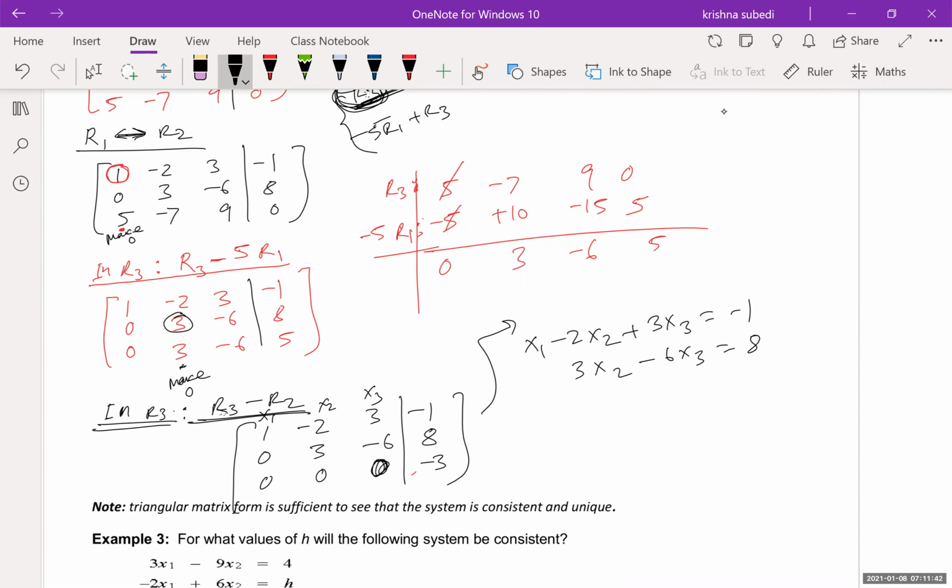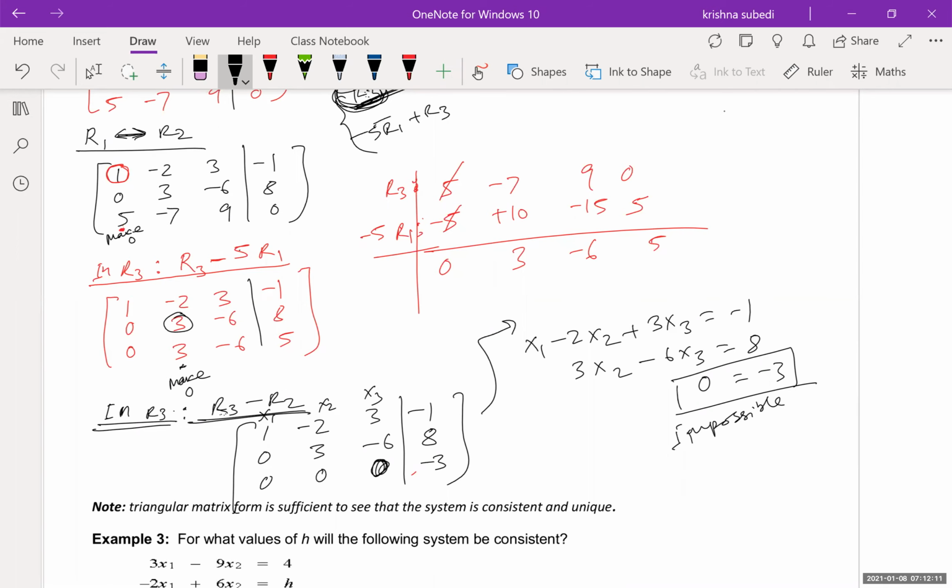The third one will be 0 x3 equals -3, or you can say 0 equals -3. Is that possible? No. Okay, this is impossible. If 0 equals -3, then the whole mathematics will collapse, right? So impossible.